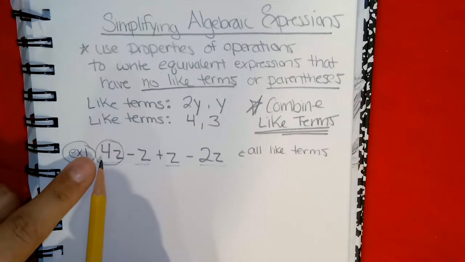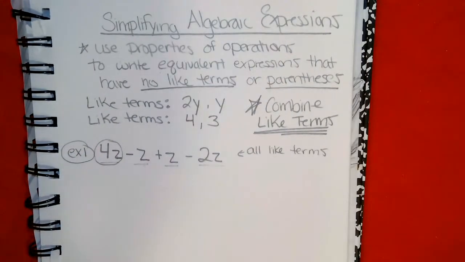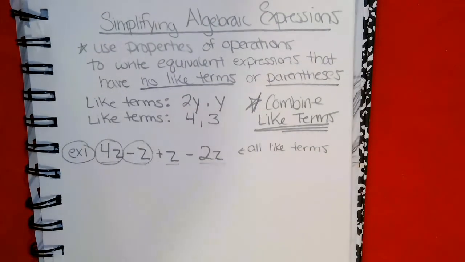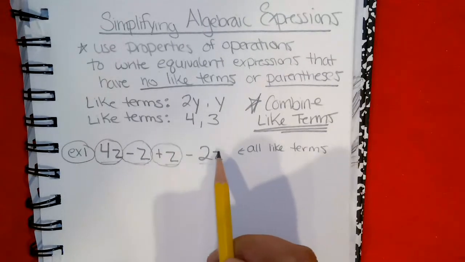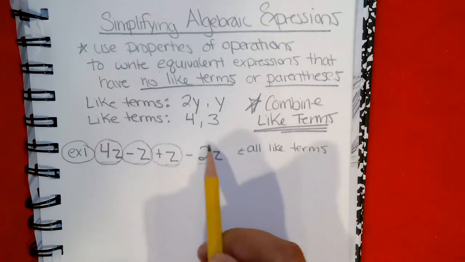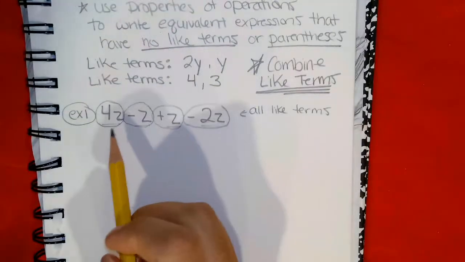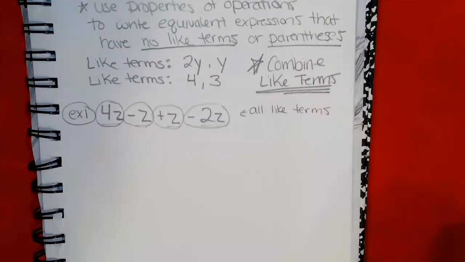This does not have a sign, so this is just a 4. I circle the z with the minus sign in front of it, the z with the plus sign, and the 2z with the subtraction sign. Okay, so this just means I have a positive 4, a negative z, a positive z, and a negative 2z.